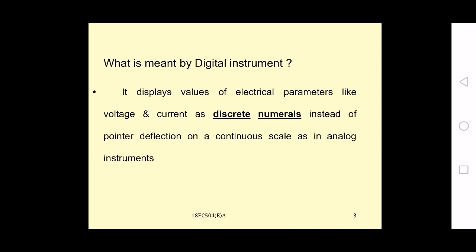In analog instruments we have a pointer deflecting on a continuous scale, but in the case of digital instruments, it directly displays the electrical parameters as discrete numerals instead of the pointer deflecting on a continuous scale.